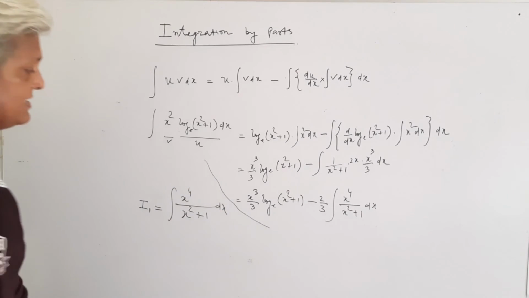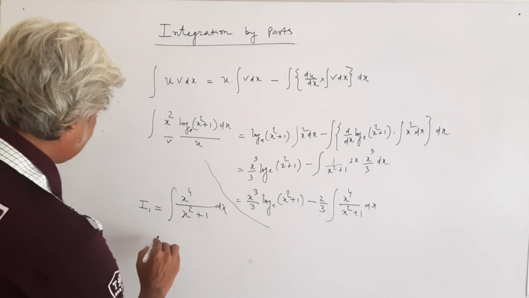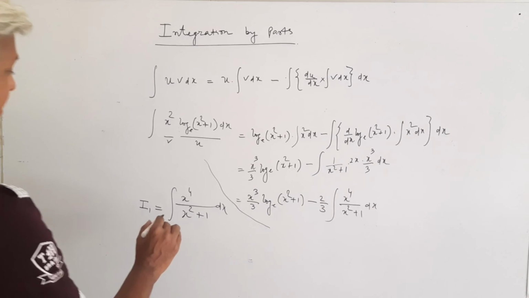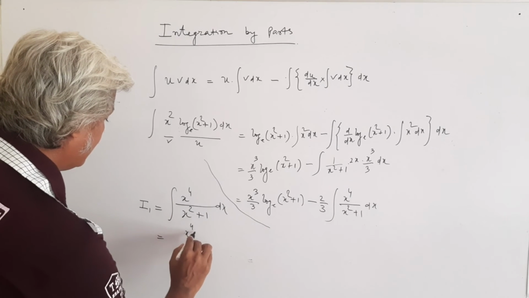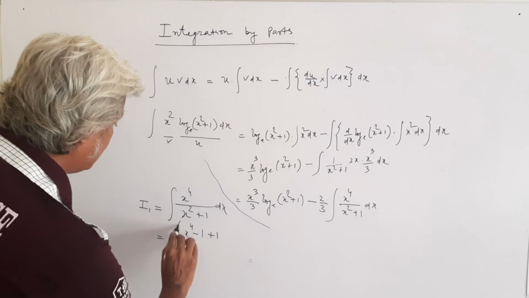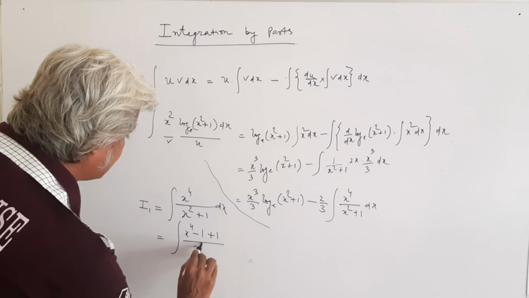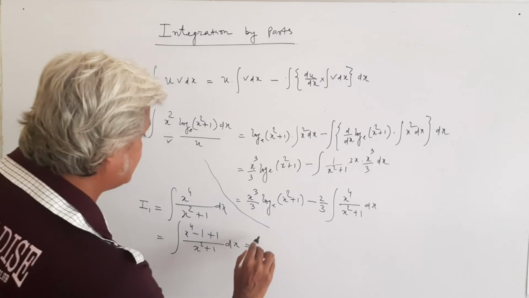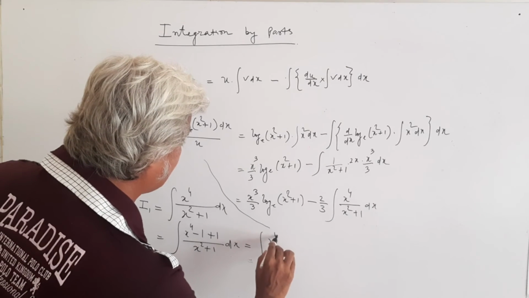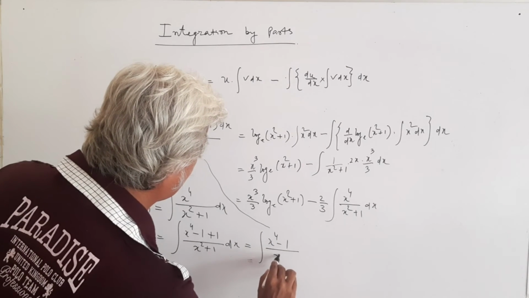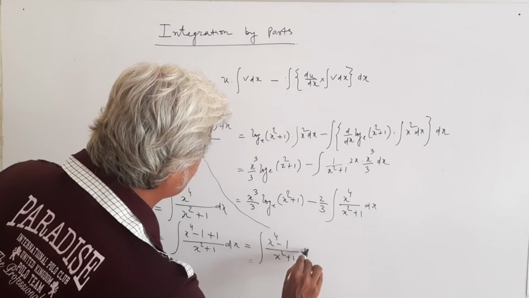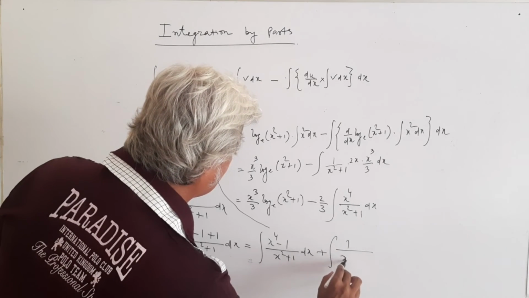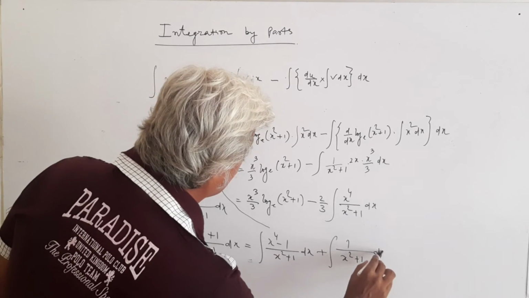Then you can write this whole thing as x to the power 4 minus 1 plus 1 over x square plus 1 dx, and this becomes x to the power 4 minus 1 over x square plus 1 dx plus the integration of 1 over x square plus 1 dx.